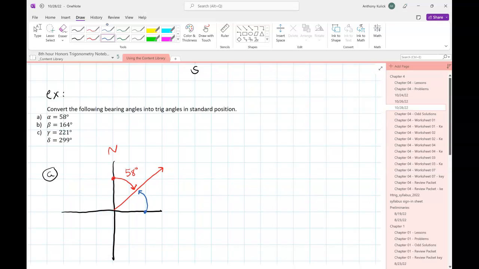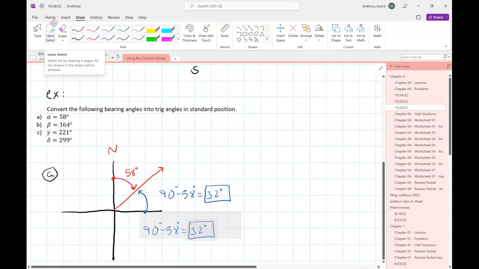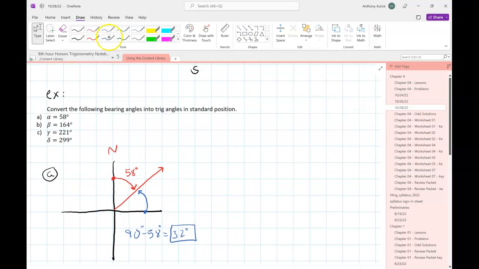That'll put me to there. What does that blue angle have to measure? 32. Yeah, this has to be 90 minus 58, or 32 degrees. Everybody happy there?